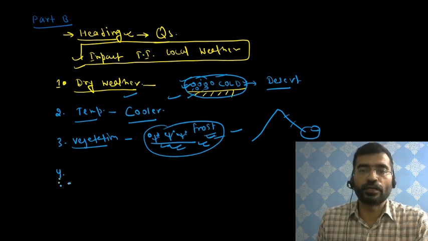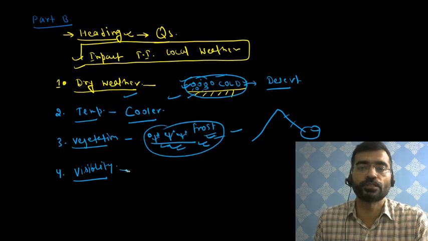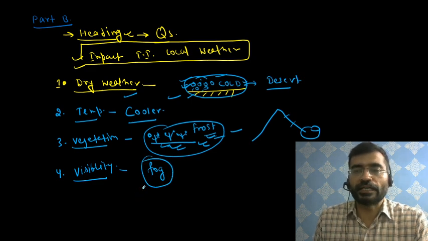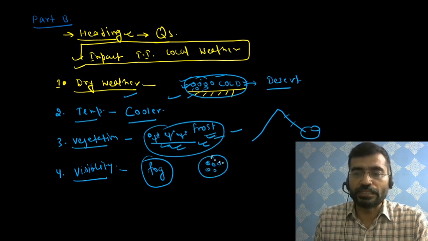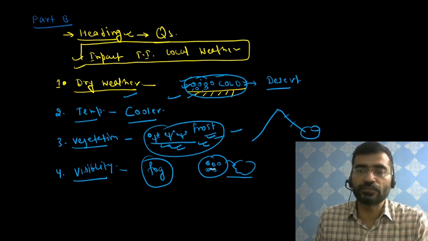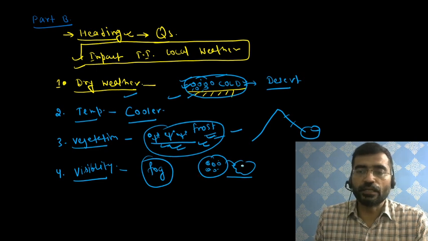Again, the next point, sometimes it obscures visibility. How does it obscure visibility? It obscures visibility by the formation of fog. When warm air comes in contact with cold surrounding air, it starts losing heat, and in this way water vapor starts condensing near the surface and fog forms.